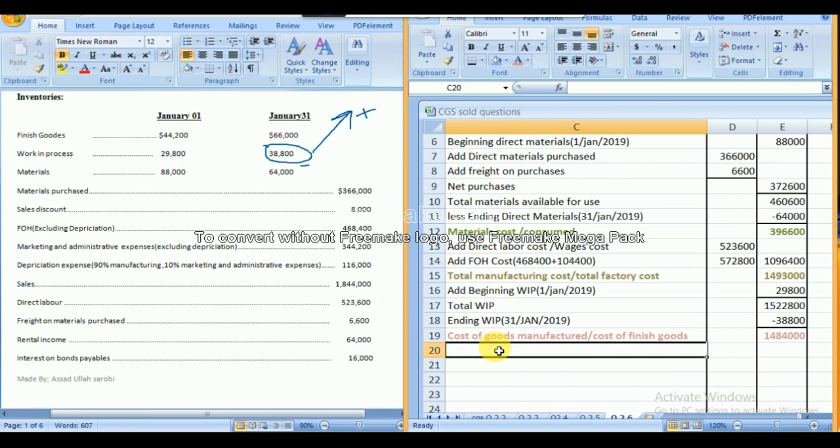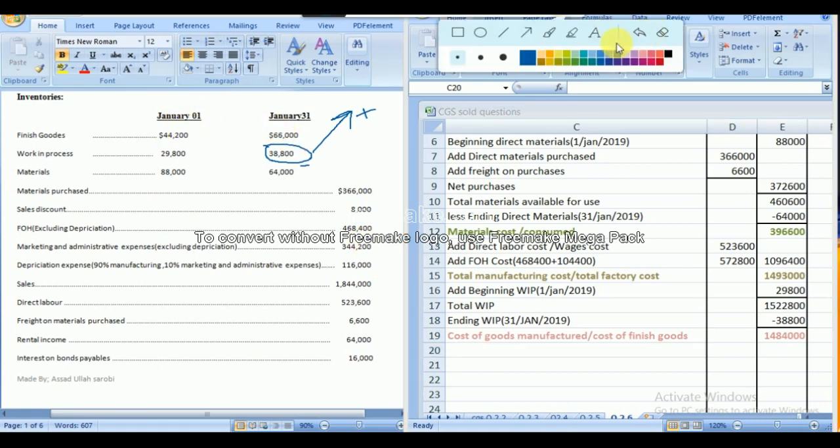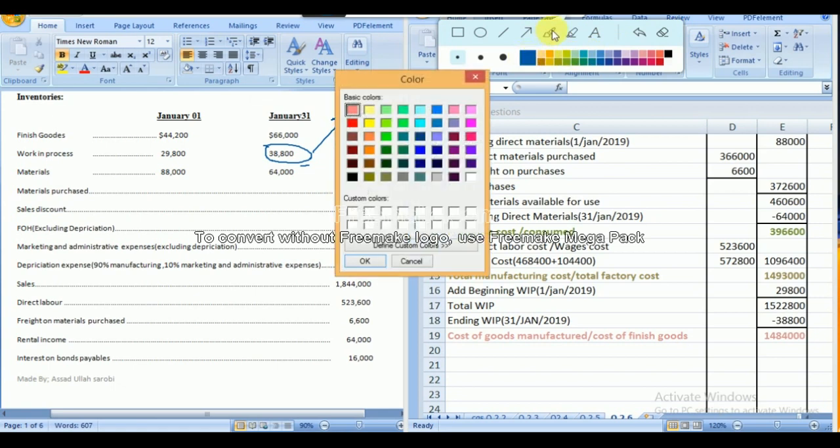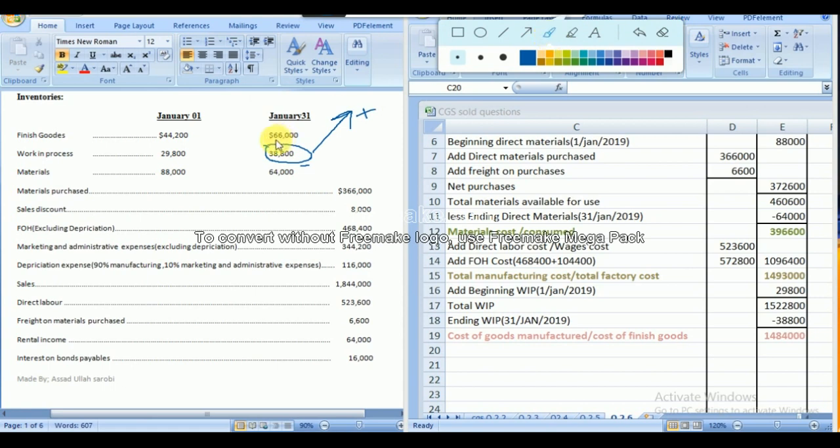But we also have some finished goods remaining unsold from the previous month. The 44,200 finished goods we have from the previous month, and in the current month we produced 14,84,000 finished goods. So what will we do?